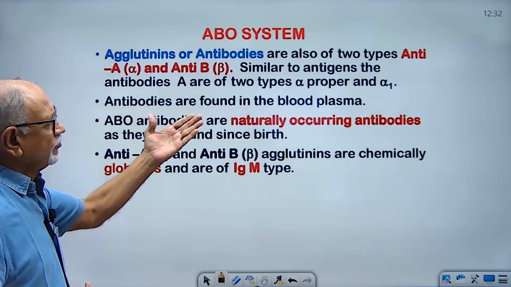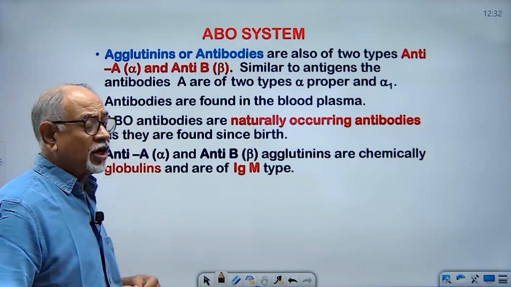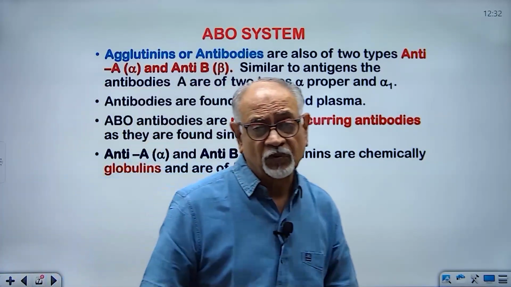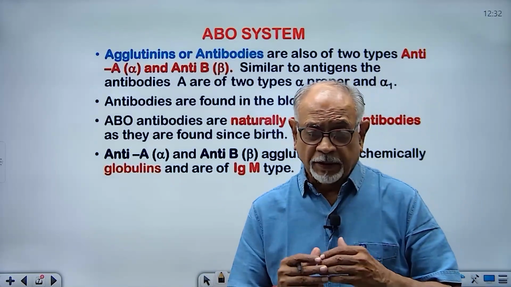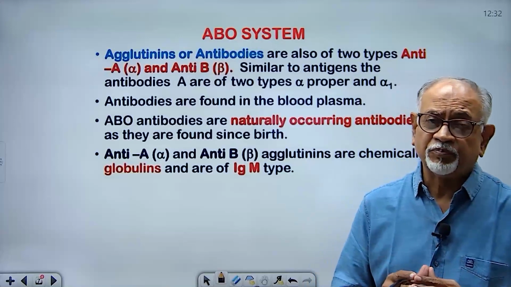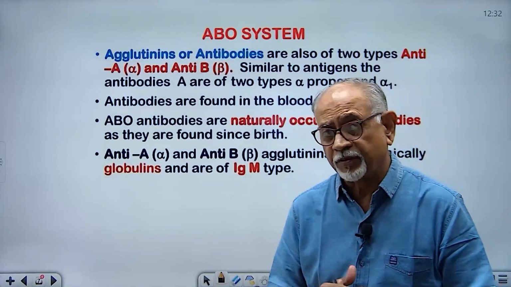Antibodies are always found in the plasma. ABO antibodies are naturally occurring. This is the important character which is important in blood transfusion.